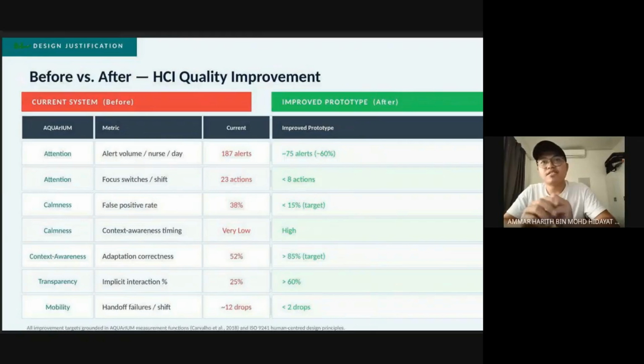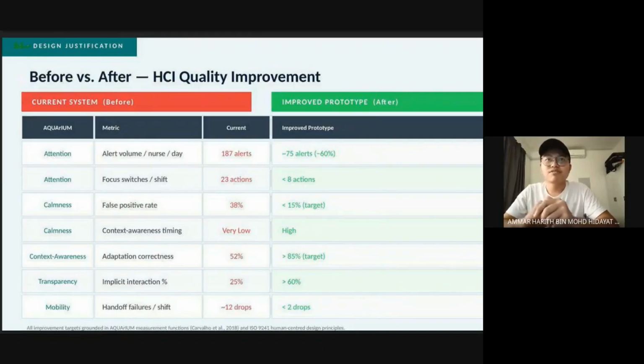Starting with attention, nurses in the current system receive an average of 187 alerts per nurse per day. Our prototype targets a reduction to around 75 alerts, roughly a 60% decrease. Alongside that, focus switches per shift drop from 23 to fewer than 8, which directly reduces cognitive interruptions during care.